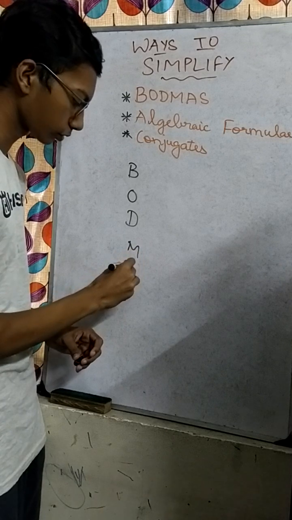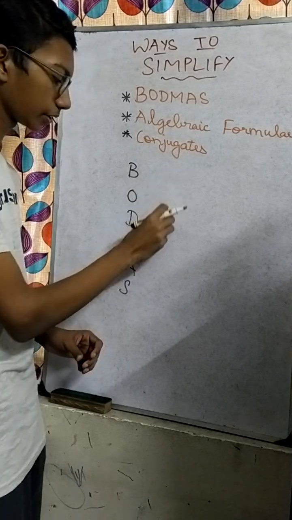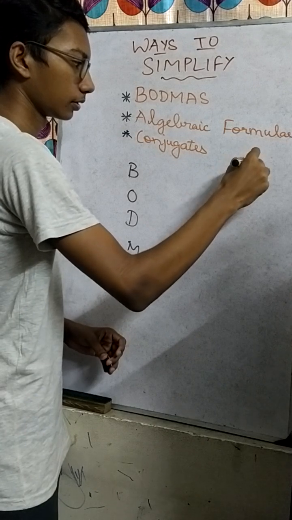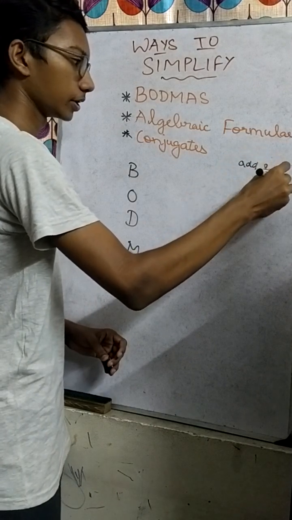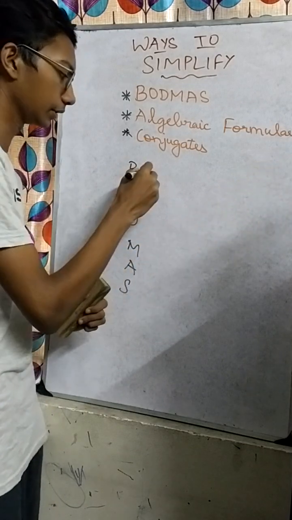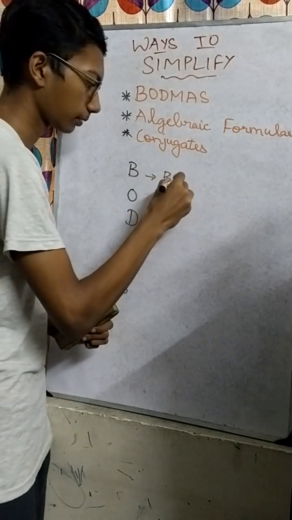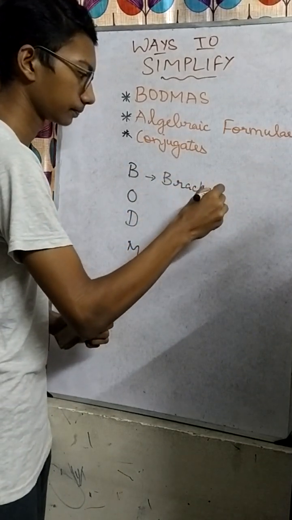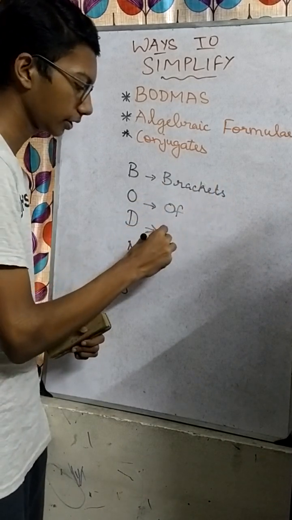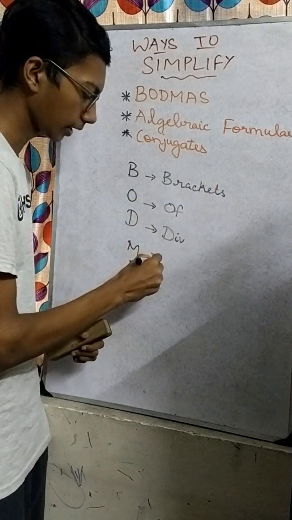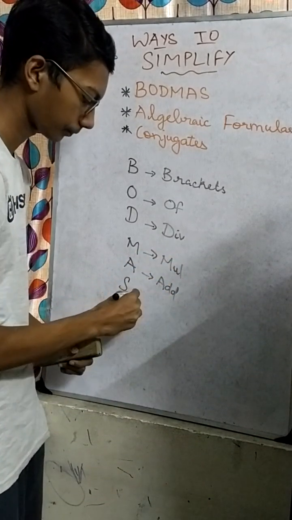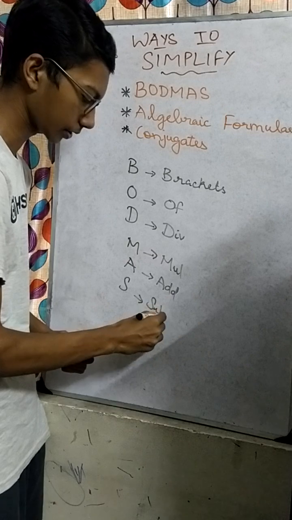This is the most basic thing you need to know when it comes to symbols or signs like addition, subtraction, multiplication, division and so on. First we will see the full form. B stands for brackets, O stands for of, D for division, M for multiplication, A for addition, S for subtraction.